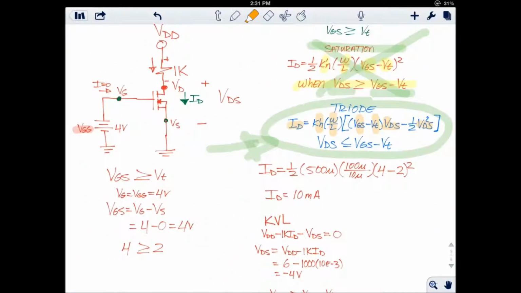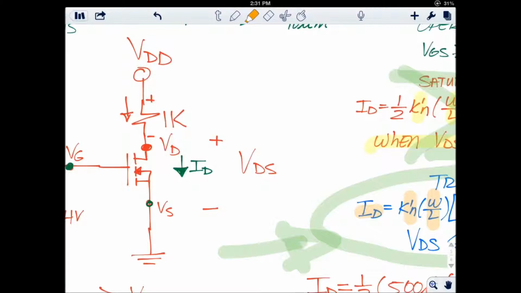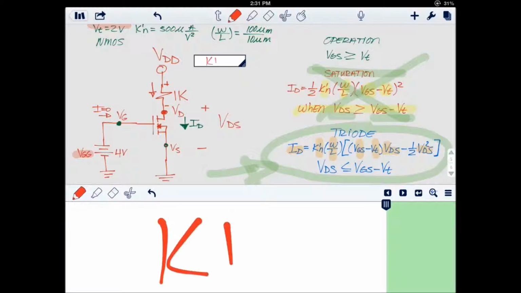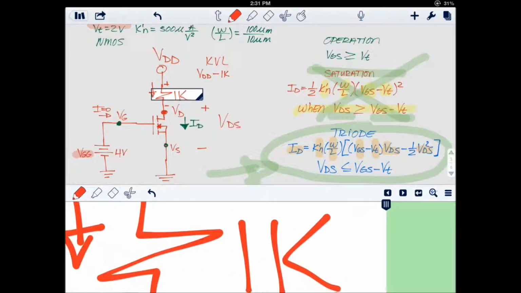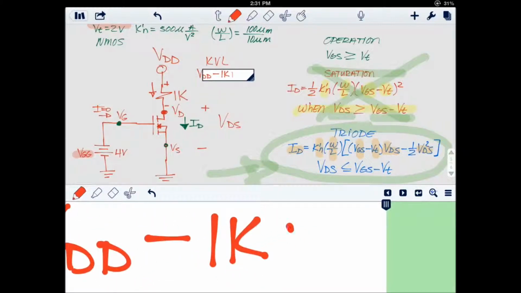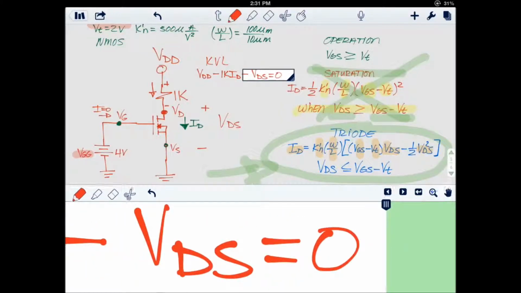What do we do? Well, we do know that we could do a KVL, saying that VDD minus the resistance times the current flowing through here, ID, minus VDS equals 0.